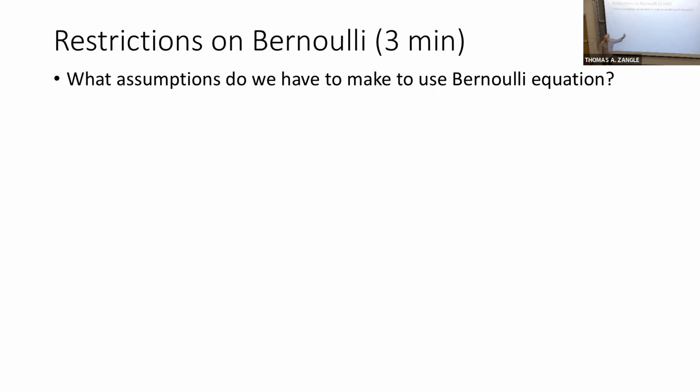So I spent a lot of time on assumptions because discussing the assumptions and when it's not useful matters, since it is very widely overused. But it is sometimes called the most powerful equation in fluid mechanics because it is useful.